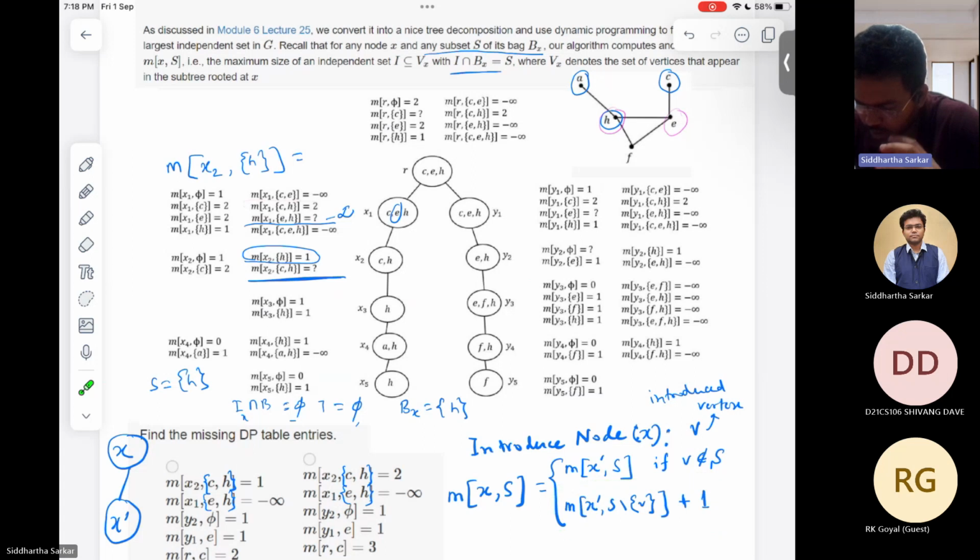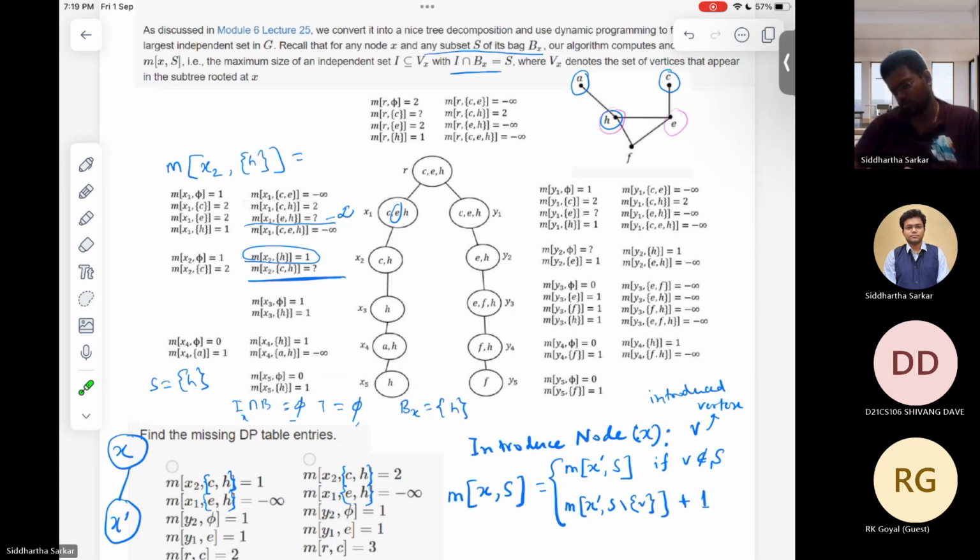Like we look up the table corresponding to the child node. So the table lookup will only happen if the subset S themselves are not part of edges. Correct. So here, yes, EH itself is an edge. Now both the vertices of the edge cannot be part of the independent set by definition. So therefore, there is no way the definition can be satisfied.